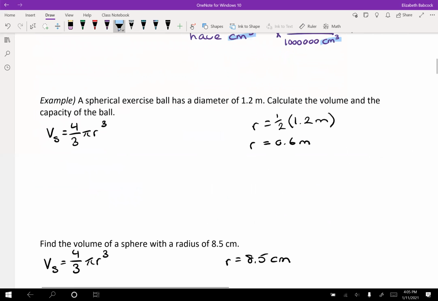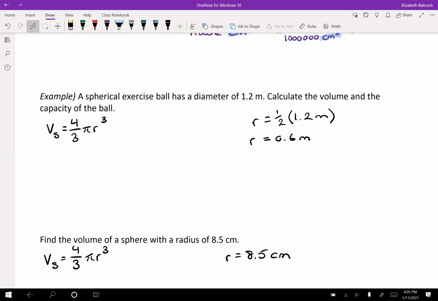Okay, as we're going through, I've pulled out and already written out the formulas. So this is the formula for a sphere, and I have also pulled out the key information. A spherical exercise ball has a diameter of 1.2. I know my radius is half of my diameter, so I have a radius of 0.6. I can plug in what I have.